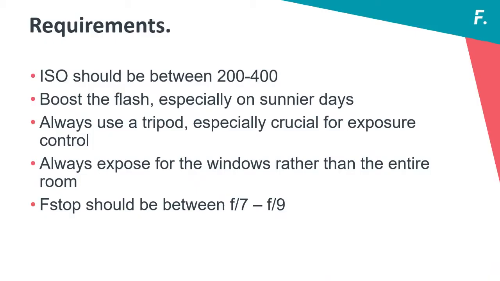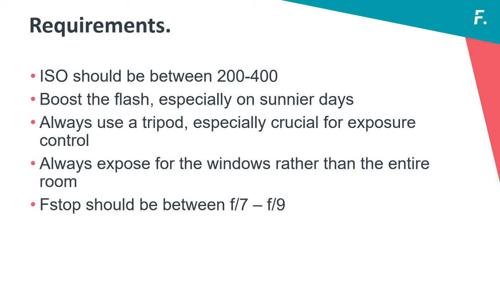So what we're going to talk about are the requirements. I've broken it down here for you. We have the ISO, which should be between 200 and 400. Generally I say to always opt for 400 and fix your ISO at 400 for all of your images, interior and exterior.